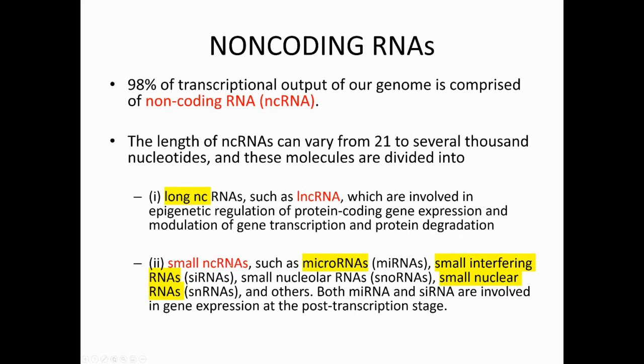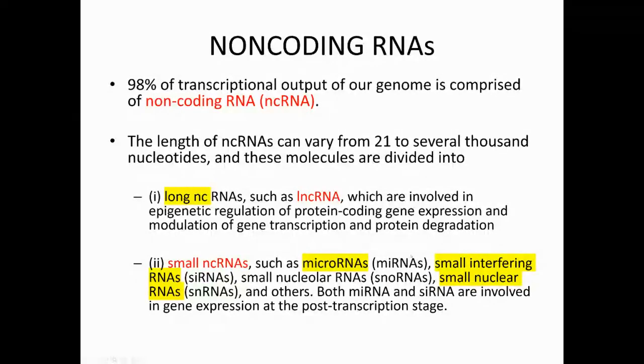Among small non-coding RNA we have microRNA, miRNA. MicroRNA is endogenous to the cell and produced by transcription of the cell's gene. It's about 22 nucleotides long. It's cut from a larger RNA containing a hairpin loop by the enzyme Dicer.